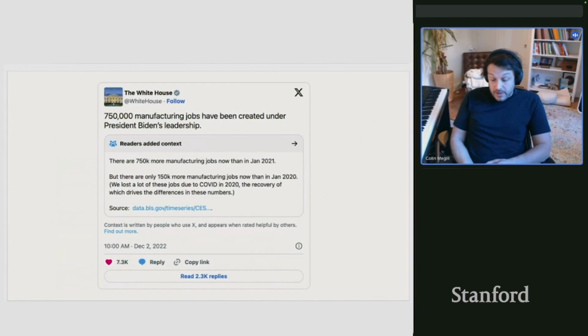The one that's going to be up there is going to have enough votes, and the votes are going to be from people who are predicted to vote differently. So if people who historically have voted differently on helpfulness both find it helpful, then it's likely to be shown. And so the decision for the fact check comes from the group informed consensus side.